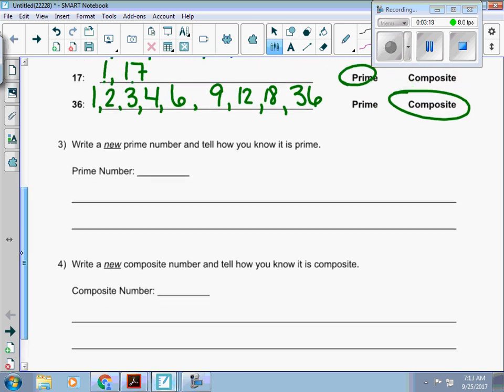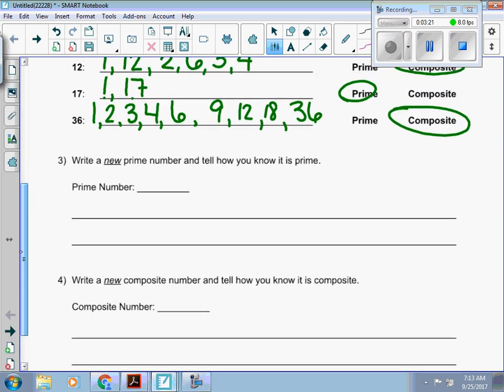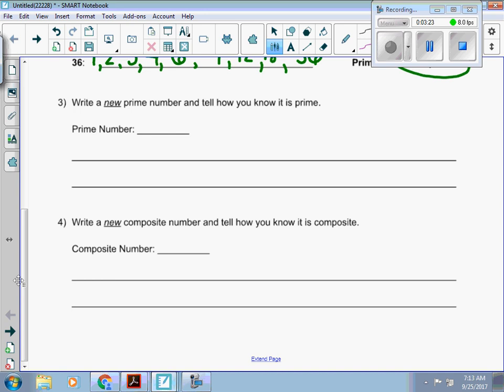Number 3, a new prime number, which means we can't use 17. Okay? But you could write 2, 3, 5, 7, 11, 13, and it goes on and on and on. We did a notes sheet about prime and composite. You could look back at that. We colored all the composite numbers, so the ones that aren't colored, I believe, you could have listed.